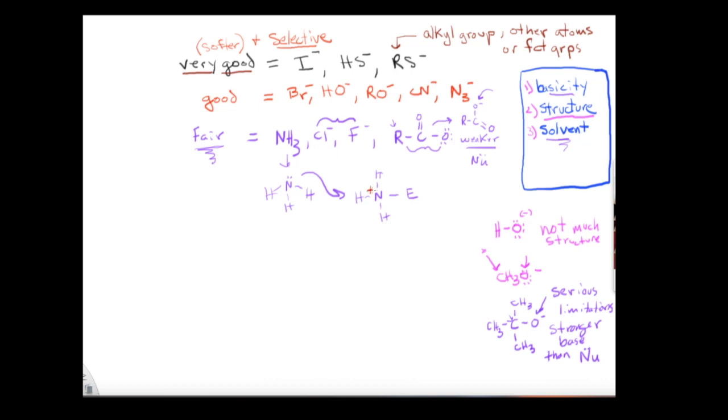The nitrogen now has a formal charge of +1 on it, and we're going to get into this in the next video, but this thing is now a good leaving group. So it makes this nucleophile not as good as it possibly could be.